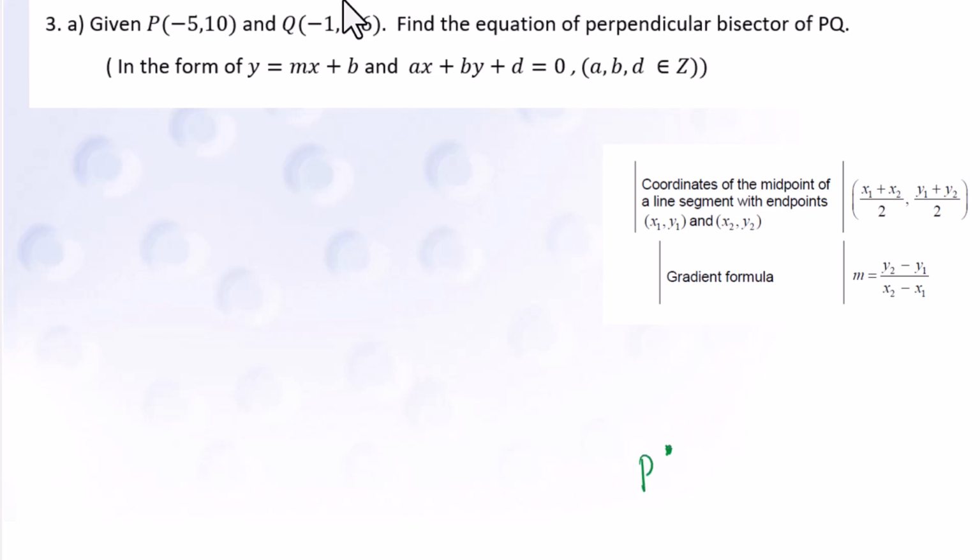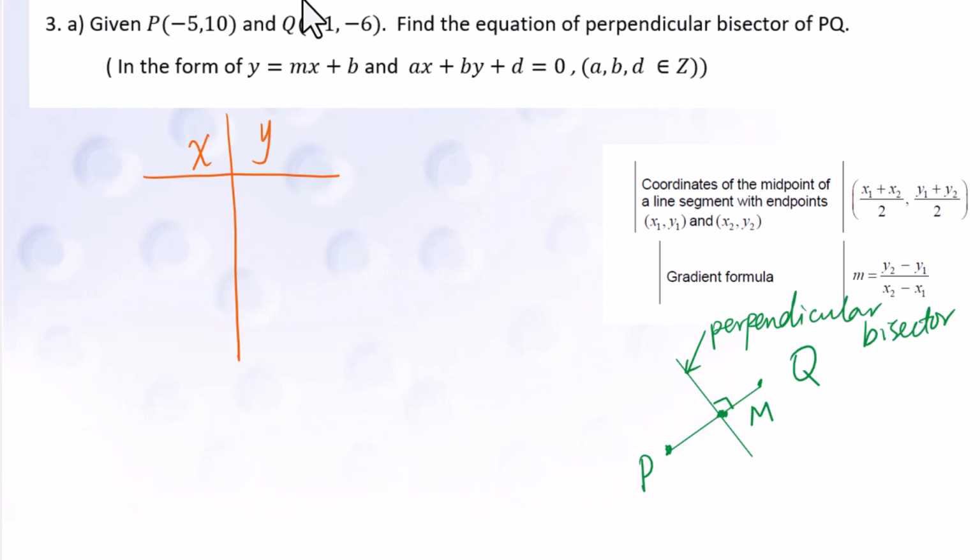Suppose this is P, this is Q. Midpoint, let's label as M. Then we draw a perpendicular line through this M. This line is the perpendicular bisector. The x and y coordinates are negative 5, 10, and negative 1, negative 6.